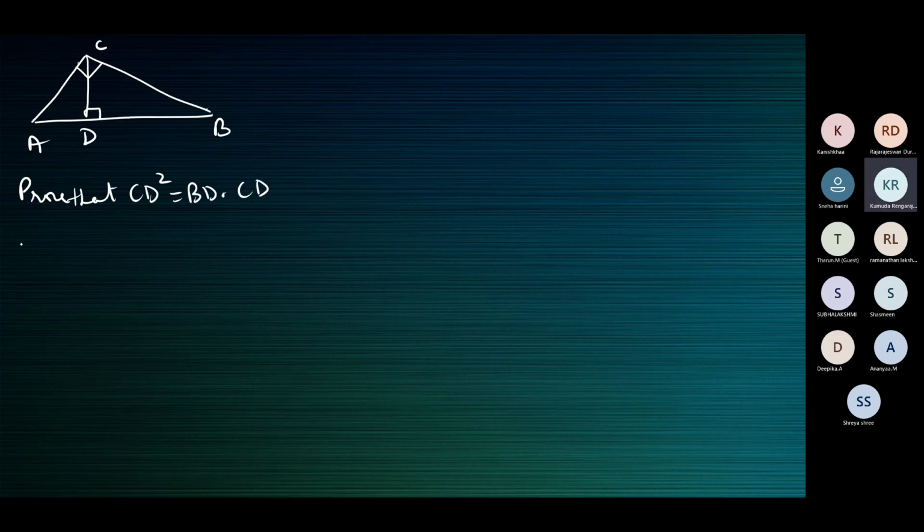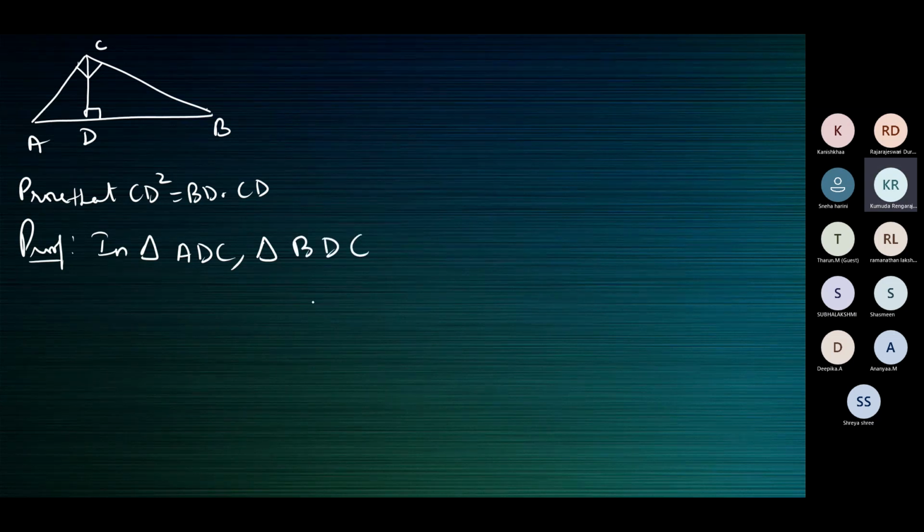Children, tell me two triangles that have CD as a common side. Triangle ADC and triangle BDC. Yes, so these two triangles have DC as a common side.